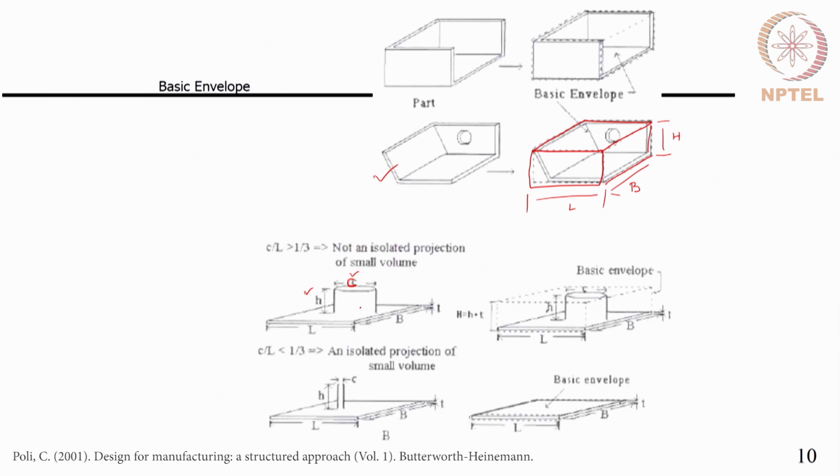So, if there is an isolated feature like a projection as is shown here, then its dimension, say C, here it is the diameter, or it could be the side of the square if it is a square projection, divided by L, which is the largest dimension of the other dimension. If this ratio is greater than 1 by 3, then this is not an isolated projection, and thereby I should consider that part to compute my envelope.